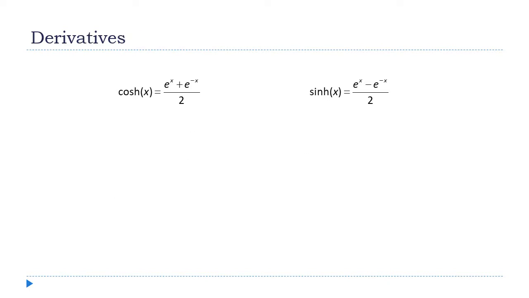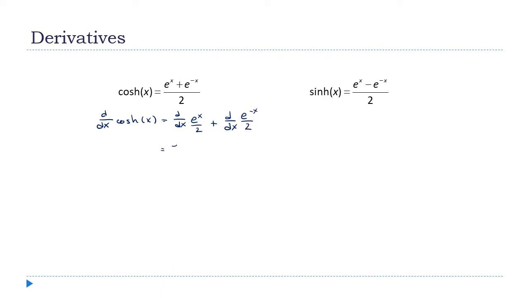And we can find these simply enough. If I want to find the derivative of the hyperbolic cosine, that's the derivative of the right-hand side. I'm just going to split this up: the derivative of e to the x over 2, plus the derivative of e to the minus x over 2.